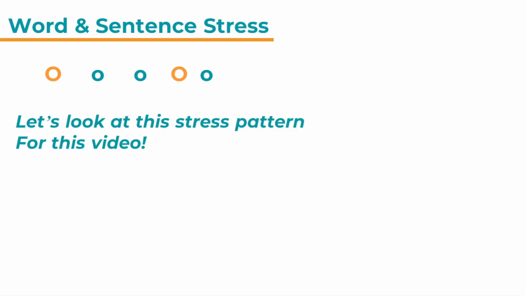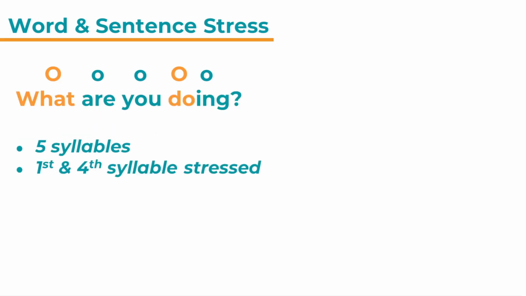Now we're going to have a look at this specific stress pattern to help us identify word and sentence stress when we hear it. And we're going to use a fun activity and a song. But first of all, let's become familiar with the pattern of our song.